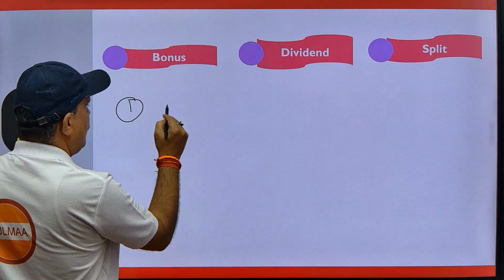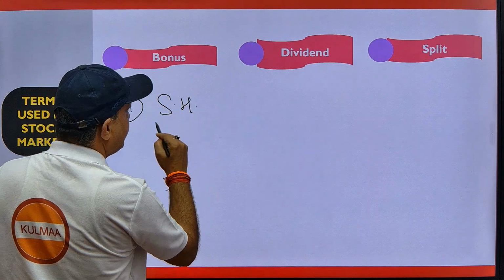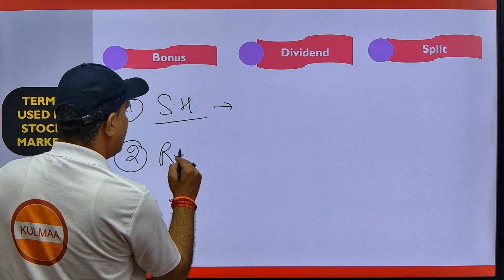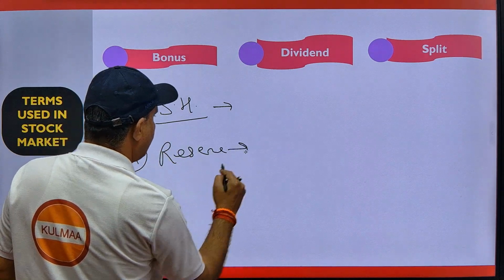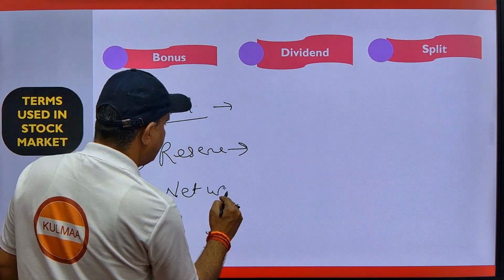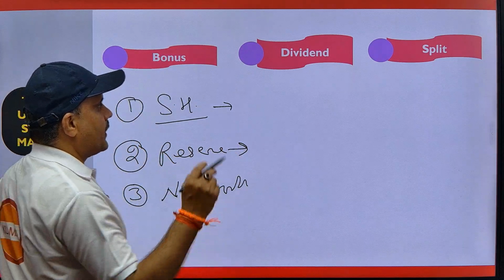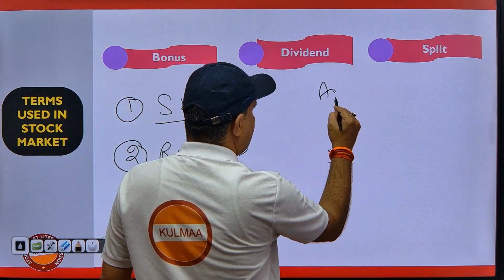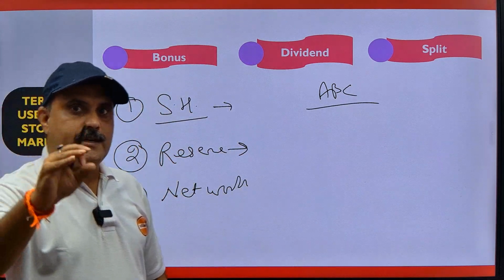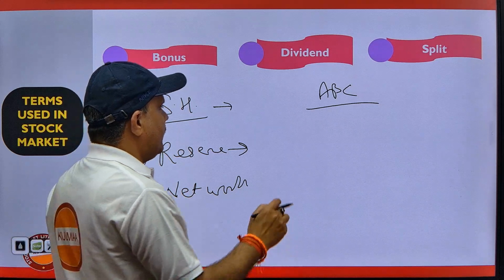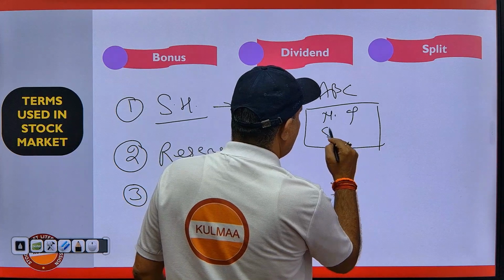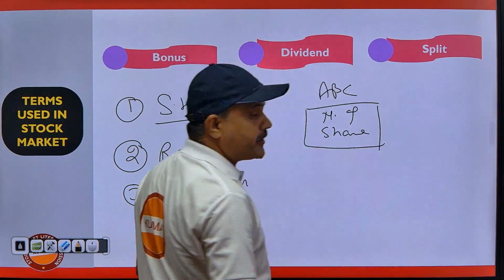First, what is the shareholding pattern of that company? What is the reserve of that company? And what is the net worth of that company? That means if there is a company ABC and it launches its shares and lists its shares on the stock market, then there should be a number of shares which will be tradable on the stock market.